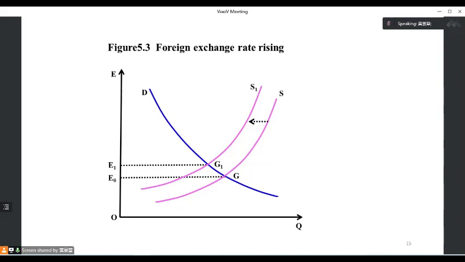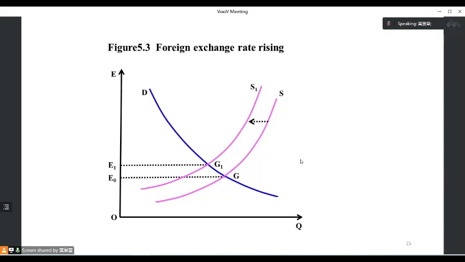Last time we learned figure 5.3, foreign exchange rate rise. In this figure, we can find when foreign currency supply reduces, the supply curve will move from S to S1, and the foreign exchange rate level will move from E0 to E1.